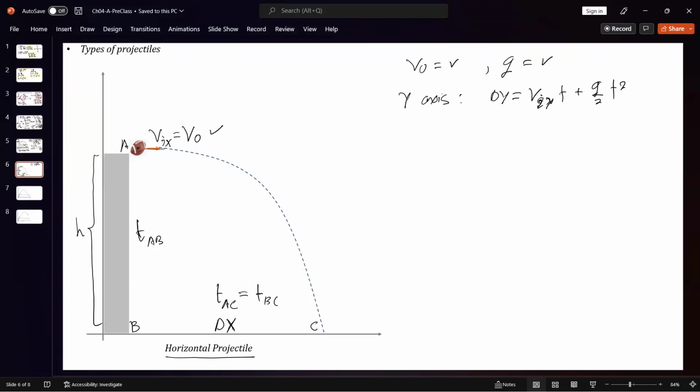When the object is projected horizontally this way, the initial downward velocity component, the initial y, is 0, so this whole part becomes 0. Delta y is h, which is a negative number, so negative h is equal to g over 2 t squared, since gravity is a negative number. Then t becomes the square root of 2h divided by g. That is the time from A to B vertically.